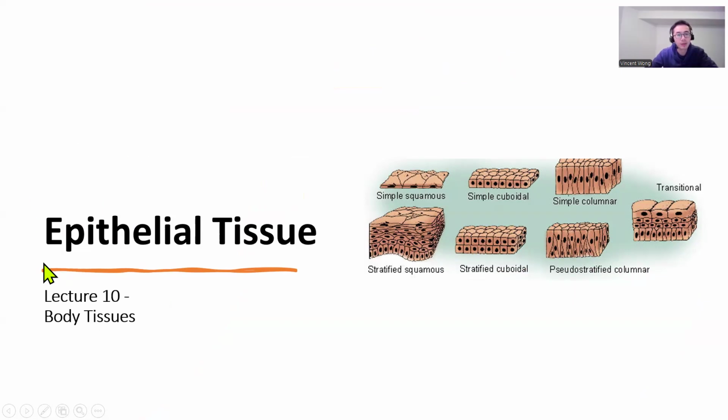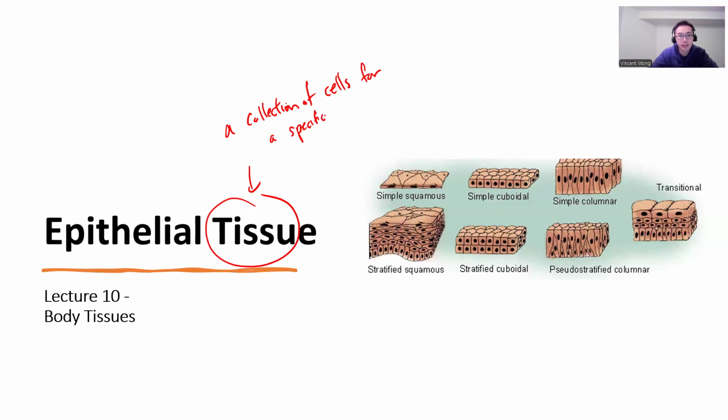Okay. So the next portion here, we're going to be talking about the different kinds of tissues. Okay. And we're going to start with the epithelial tissue. Basically, what are tissues? Tissues are a collection of cells for a specific function.